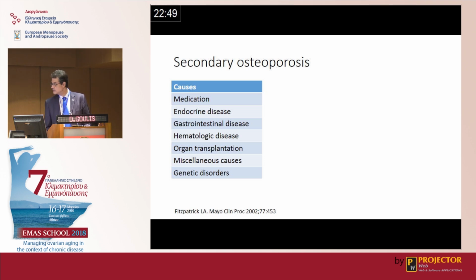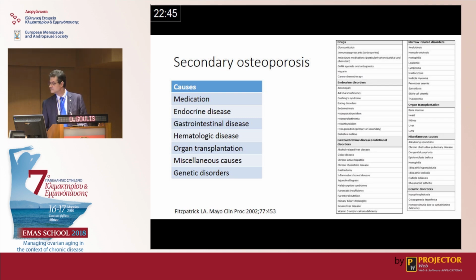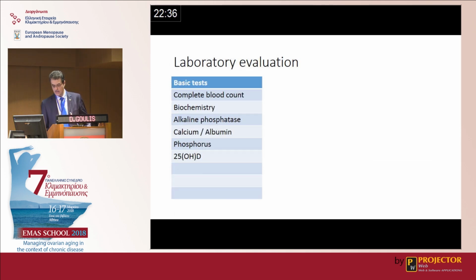If we go from a short list to a long one, we have something like this: drugs such as glucocorticoids and heparin, endocrine disease, gastrointestinal, and so on.